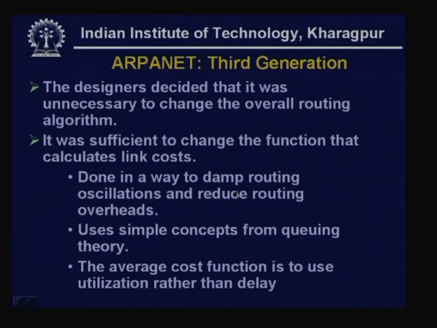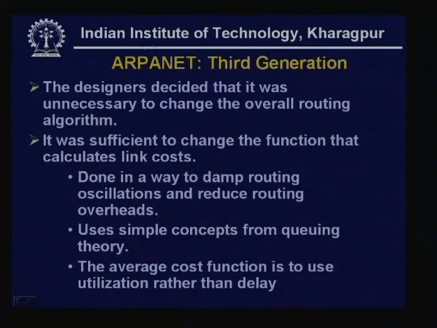It was sufficient to change the function that calculates the link costs. So, link cost calculation was done in a different way, in a way to damp the routing oscillations. As I said, congestion producing oscillations are stopped here.